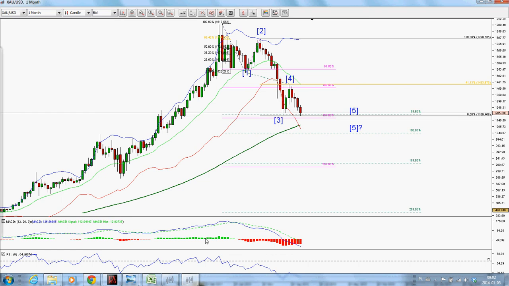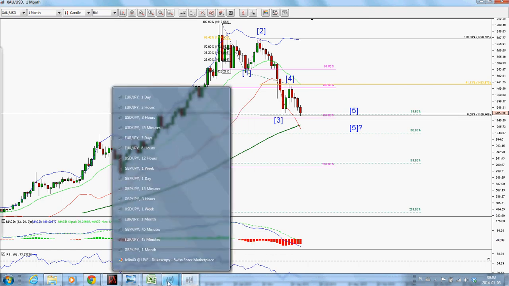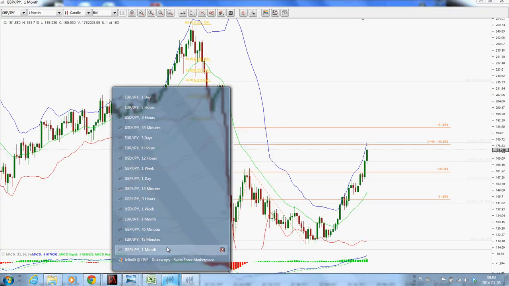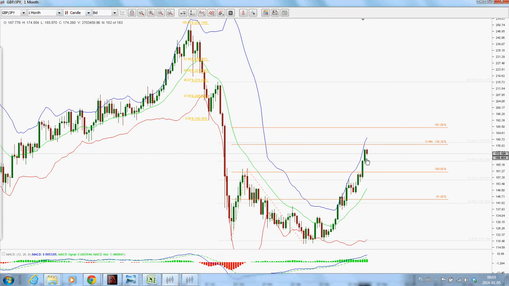Good. Now I'll go to my Japanese yen charts, and I will start with Great Britain pound, Japanese yen, the monthly chart. Okay, we've got a green candle as the monthly December candle, so that should set a tone for the whole month.